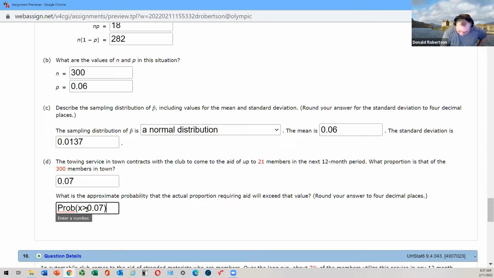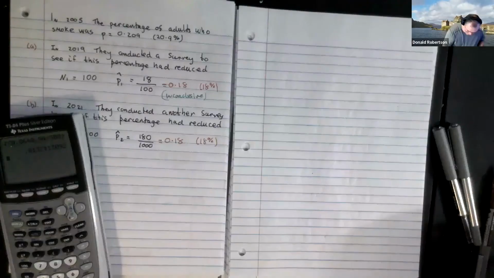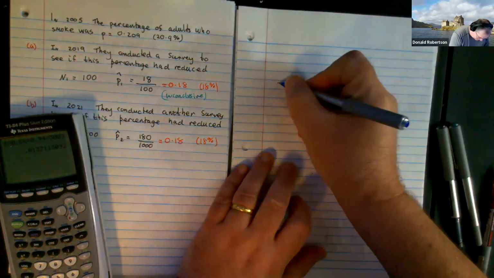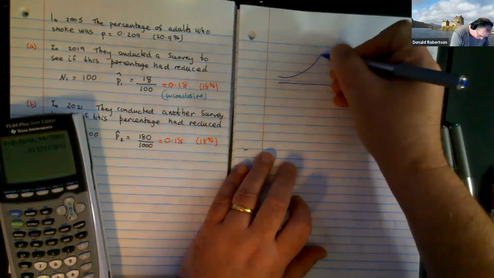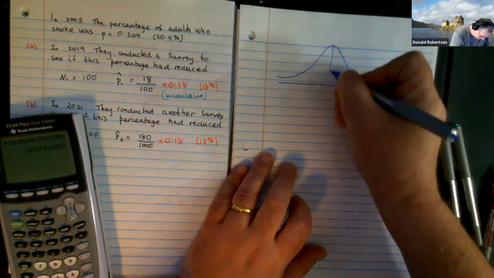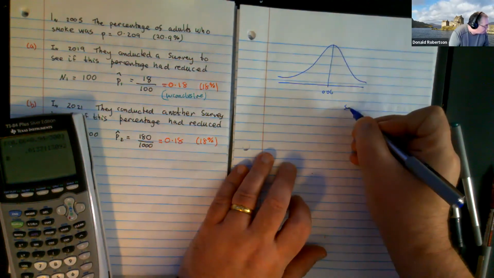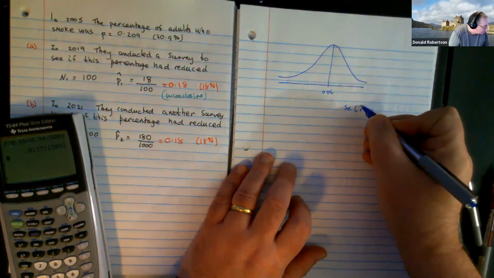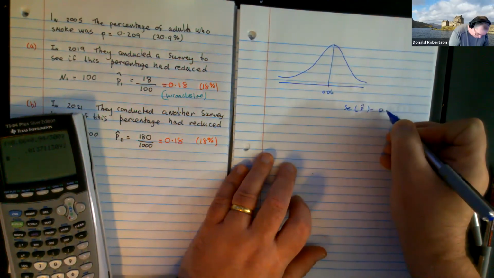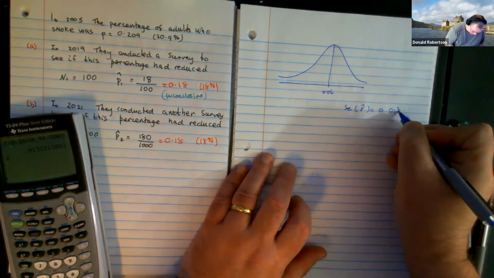It's a normal distribution. I'm going to go back to this question, but I want to write some things down now because I've spoken too much and you might be losing track of it. We know that the sampling distribution has a mean of 0.06 and a standard error of 0.0137, right?